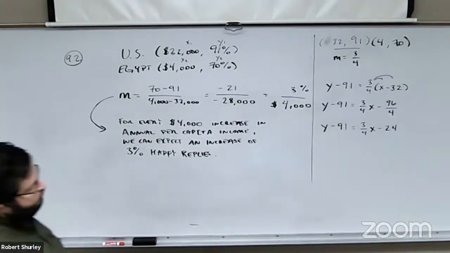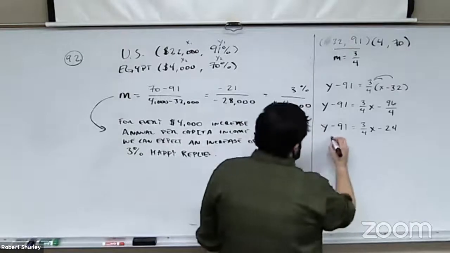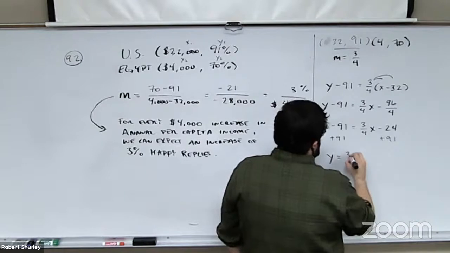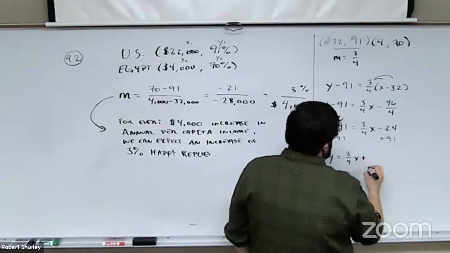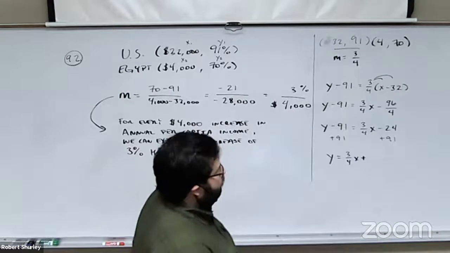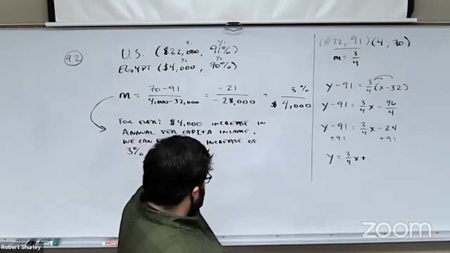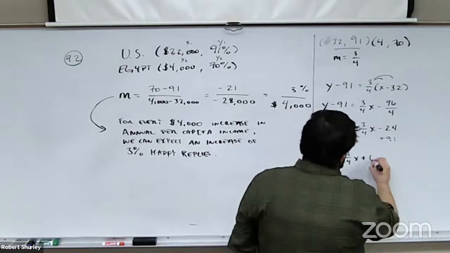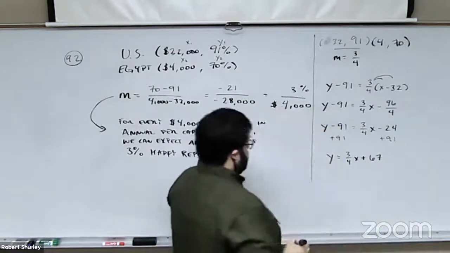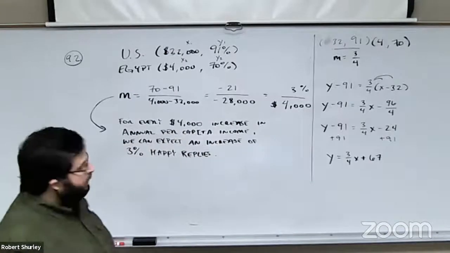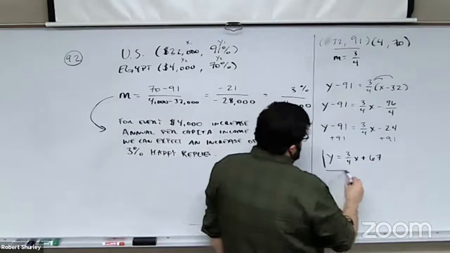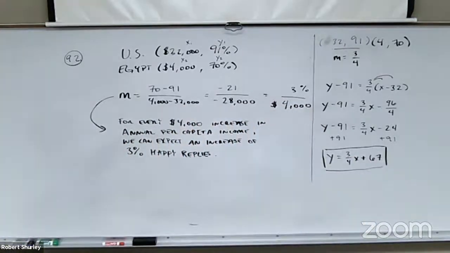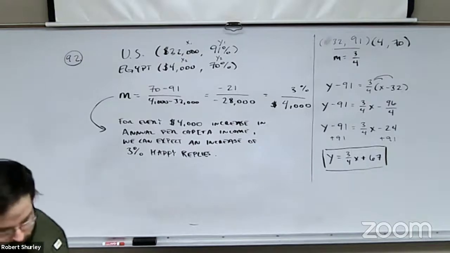We got lucky. And then now I'm going to add the 91. So we get y equals 3/4 x plus, well, 91 plus 24, or minus 24 really, right? What's that going to be? Is that 67? Yeah, 67. So look, hey guys, we found the equation for our best fit line. Kind of neat. Pretty neat, actually. Pretty cool.